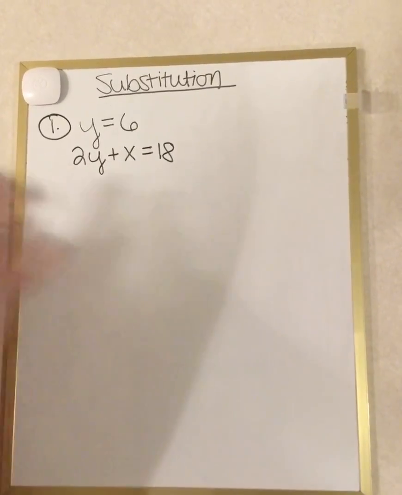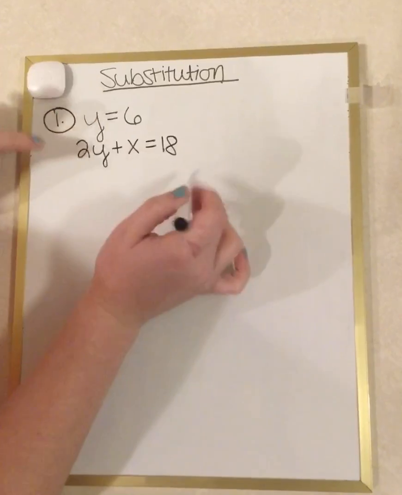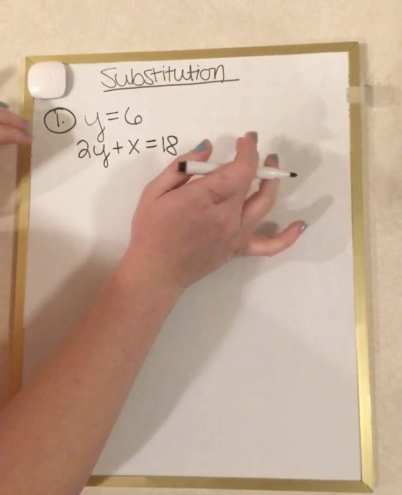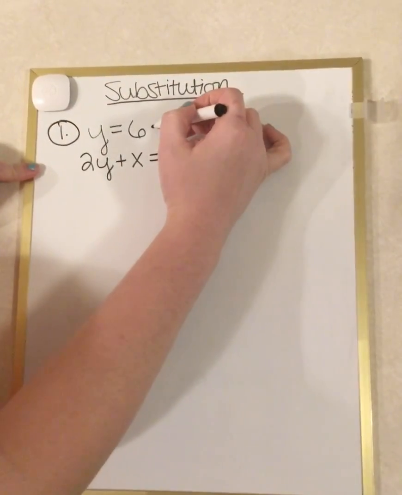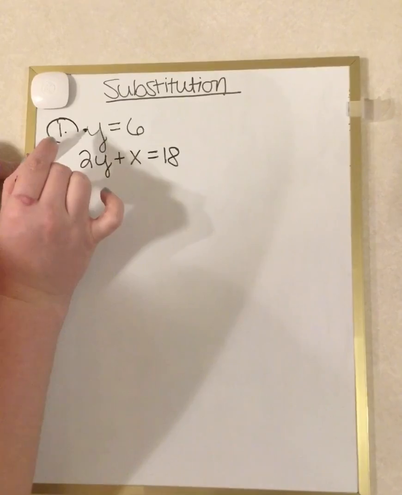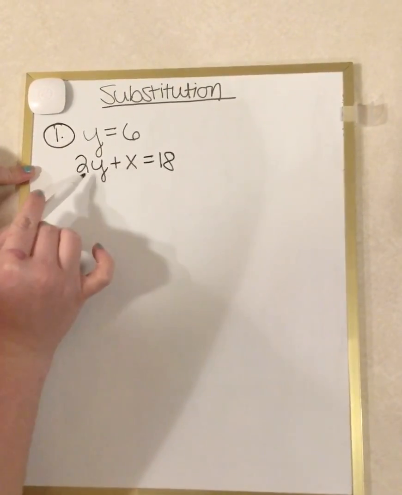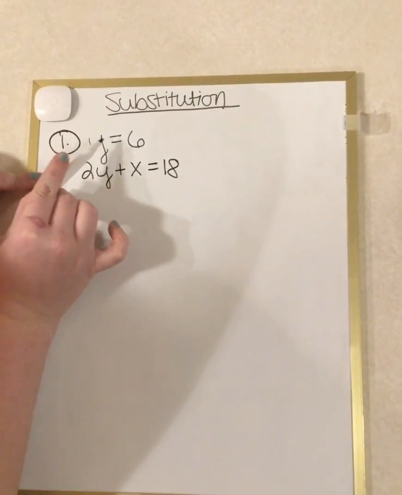So the first one I want to look at is probably the simplest one that we can do. With substitution, remember, with our two different equations, we have to look for the one that is already solved for either x or solved for y. If you look at this top one, this one already has y by itself. This says y equals 6.